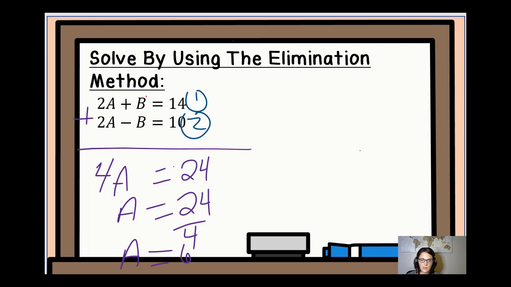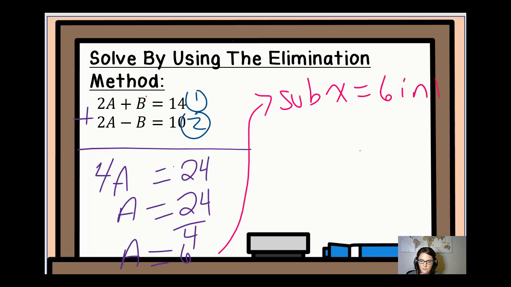I'm going to substitute it into equation number 1 because my b is already positive. So 2a, oops, I guess I should write a.